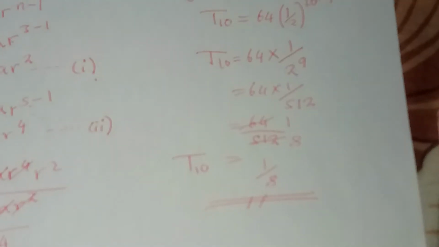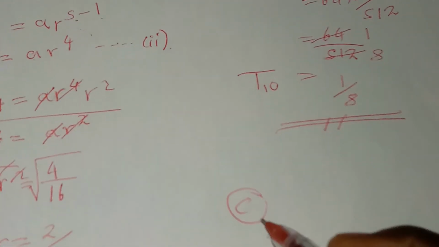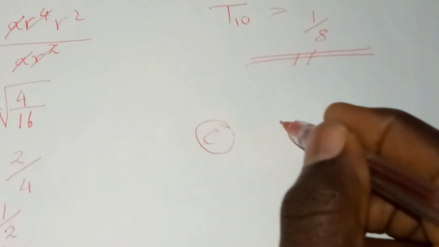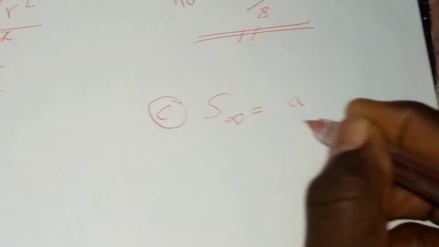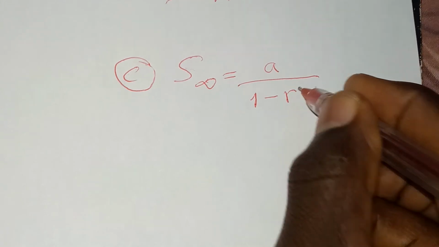Then lastly, question C is saying the sum to infinity. Remember last time I stated that sum to infinity you can only calculate if the common ratio is less than 1. So sum to infinity is equal to the first term divided by 1 minus the common ratio.